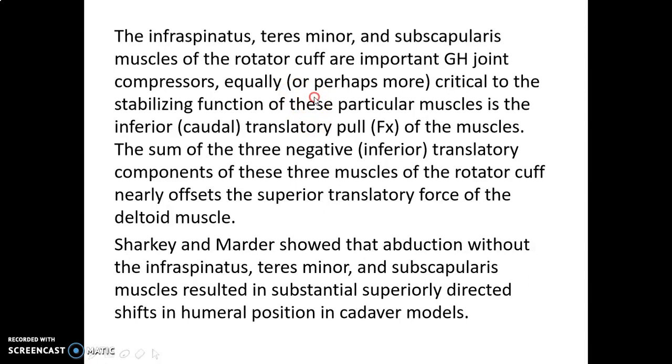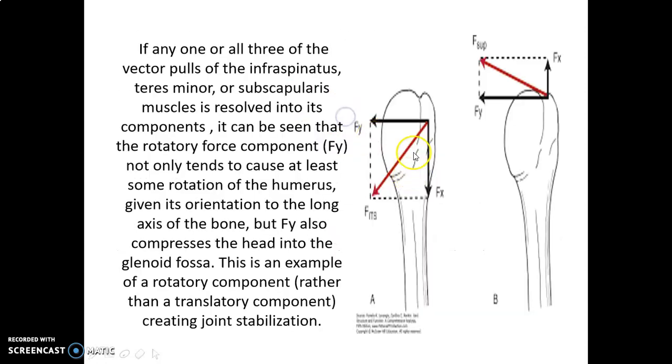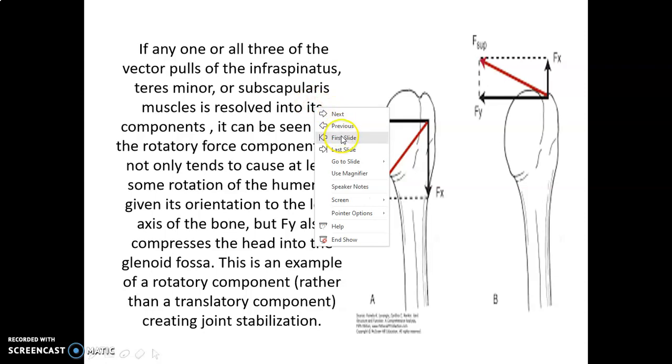Here you have to again understand that this vector, what you can see here as Fy, as well as the Fy in the subscapularis force vector, represent a direction in which the head of the humerus is compressed against the glenoid fossa.